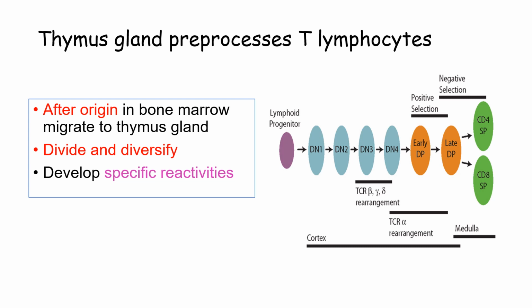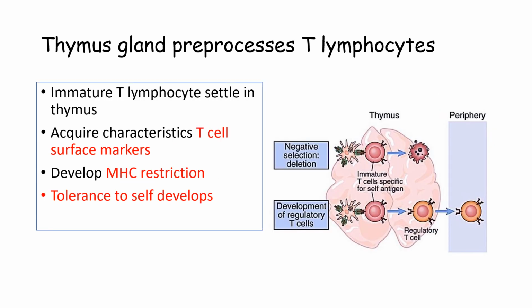The differentiation of the precursors of T cell is associated with the reorganization of DNA, which results in expression of characteristic T cell surface markers, as you can see here, the rearrangement process. Another ability that is developed in the cell is the development of MHC restriction. That means their capacity to respond gets limited to just one genetic variant of MHC molecule.